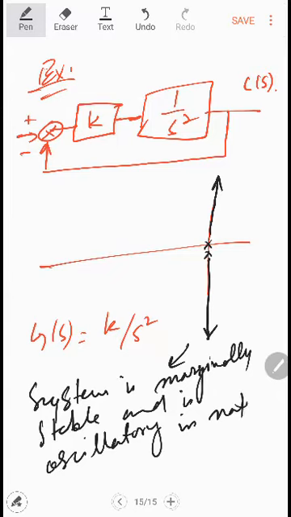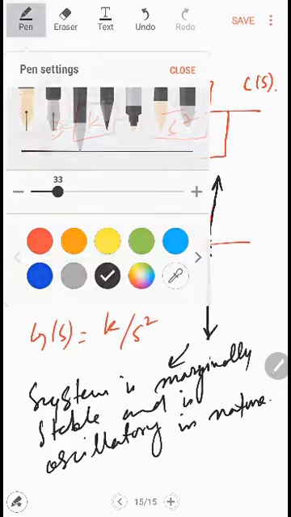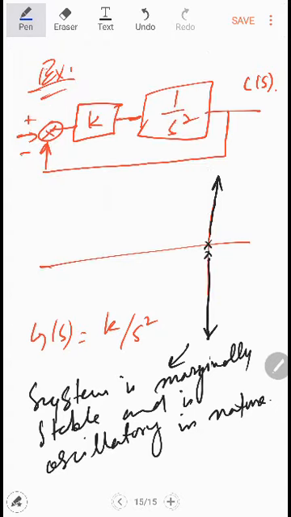Now what is the target? Our objective, or the goal, is to make this stable. Which compensator or which controller do we have to use?